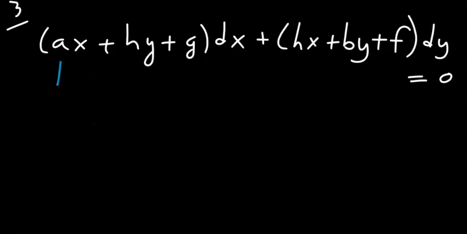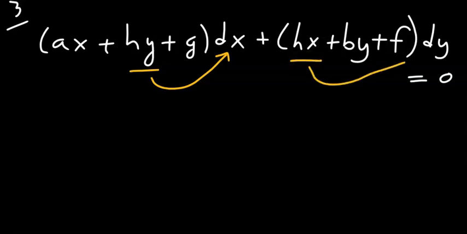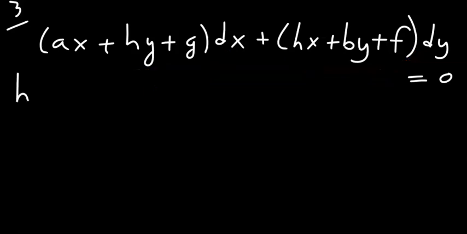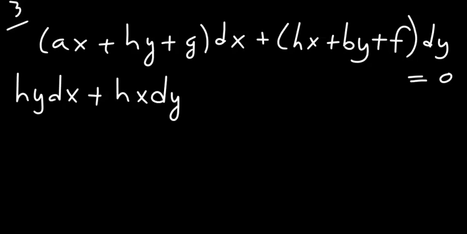Example 3. a is a constant, h is a constant, g is a constant, b is a constant, and f is a constant in this line. We see that since hy appears with the differential of x and hx appears with the differential of y, we can take these two terms out first. So you get hy dx plus hx dy, plus ax plus g dx.